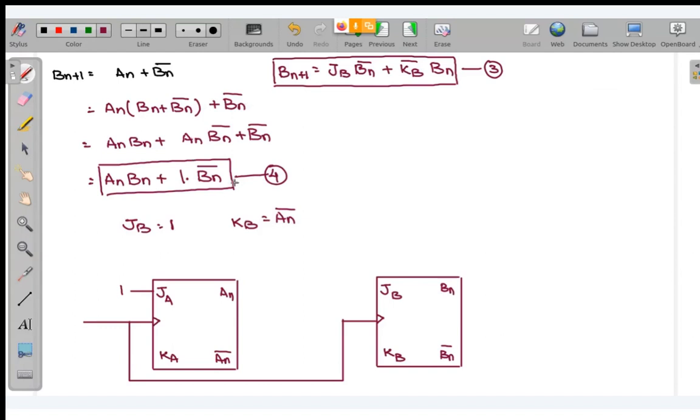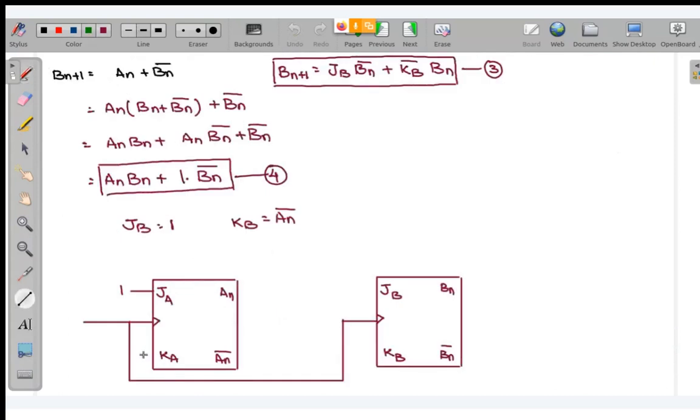Chandana, where do you have a doubt? KB is equal to An. What happened? I am not able to get what you are trying to ask. Got it. Okay, fine. So now look, K is what? K is Bn.